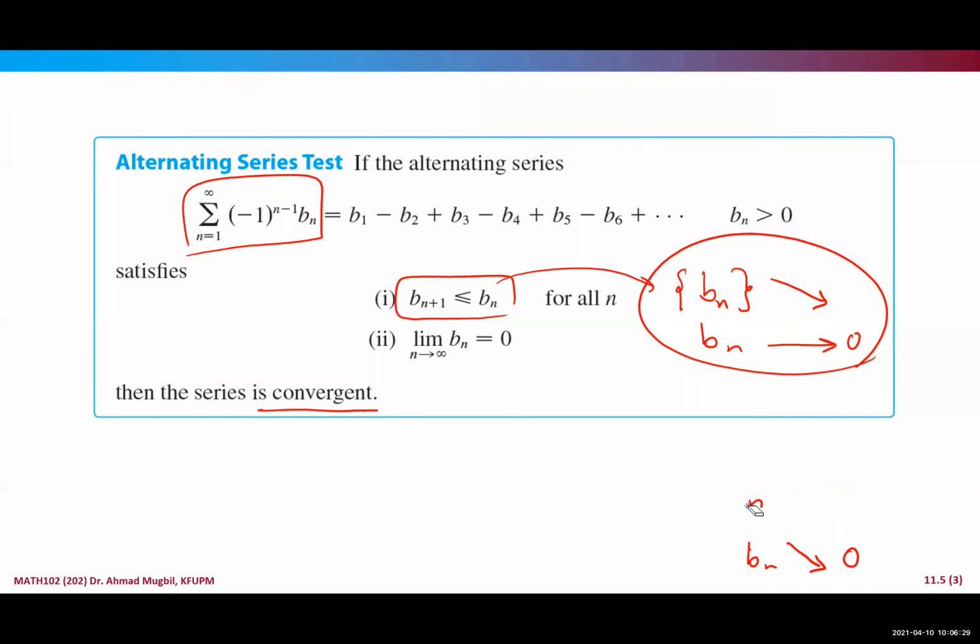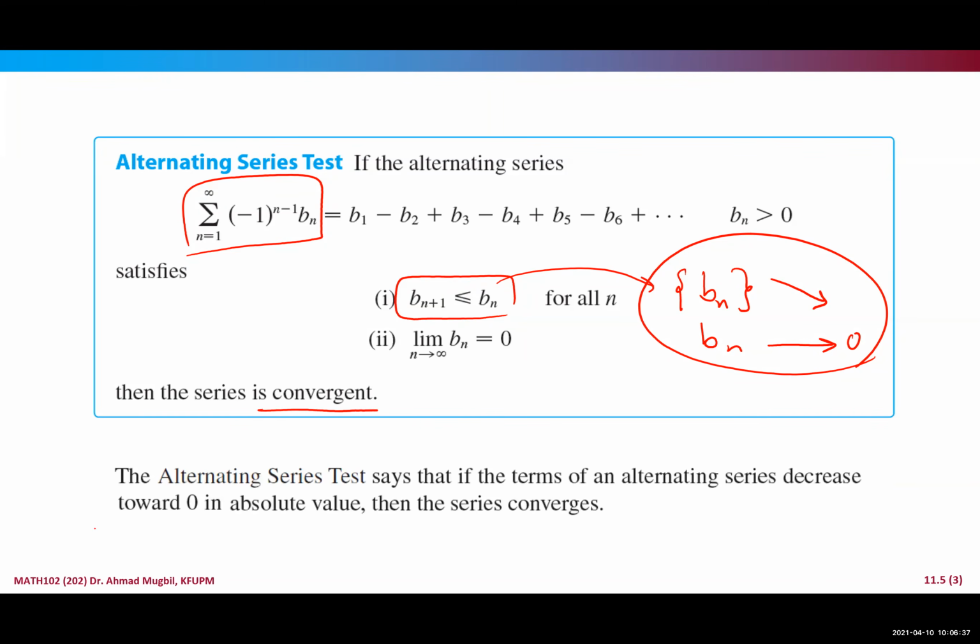If it decreases to 0, then the series is convergent. Otherwise, you need to use another test, because this test is just about the convergence of alternating series. The alternating series test says that if the terms of an alternating series decrease towards 0 in absolute value, then the series converges.